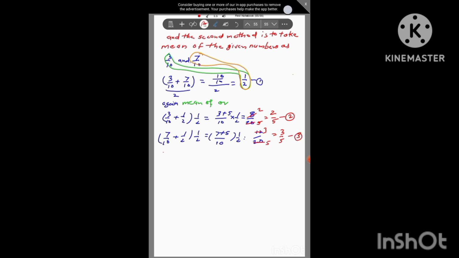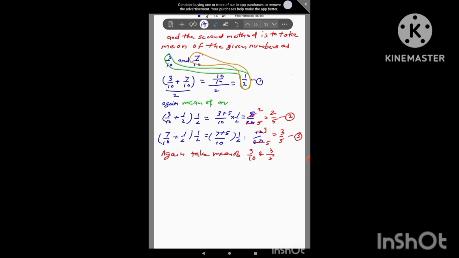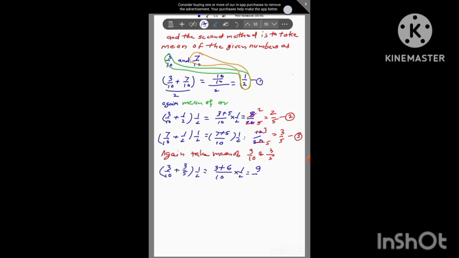Like that we go on taking the mean of any two numbers, including newly formed numbers, or from a new number to the end numbers like 3 upon 10 and 7 upon 10. All numbers are going to be in between these two numbers. So infinite numbers can be found out. All these numbers will lie between the first two numbers 3 upon 10 and 7 upon 10.